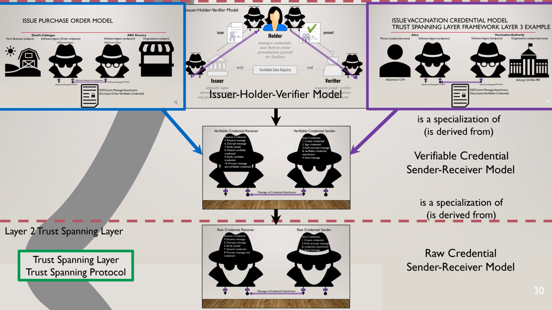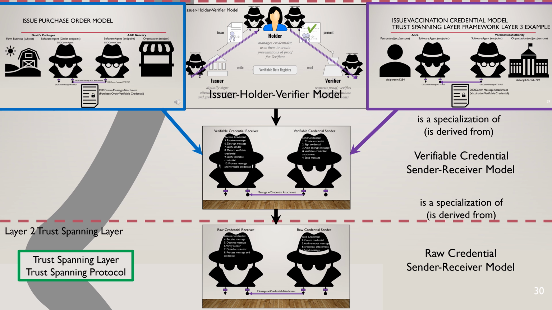Similarly, our issue vaccination credential model is a specialization, again, of the verifiable credential model. We're just changing the credential that's being exchanged and the nature of the two parties there. So here we begin to see the full realization of this hierarchical taxonomy of credential receiver models.